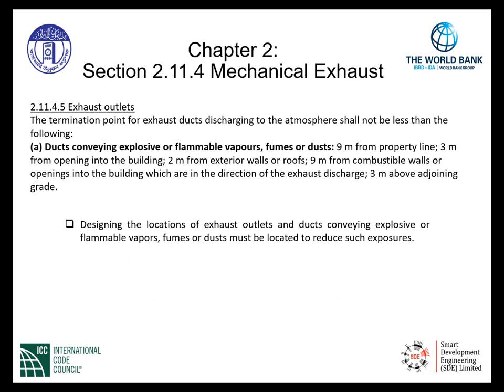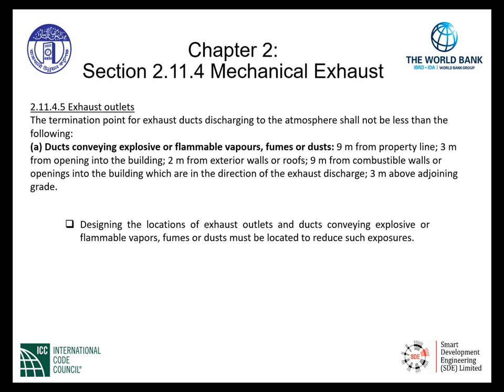Section 2.11.4.5 is titled Exhaust Outlets. This gives us requirements for termination points regarding exhaust ducts discharging to the atmosphere, and these discharge points shall not be less than the following. Item A, ducts conveying explosive or flammable vapors, fumes, or dust.